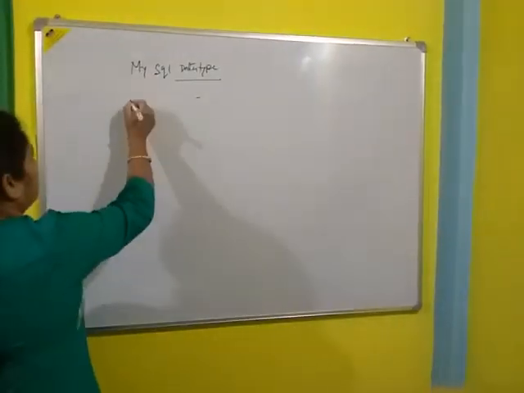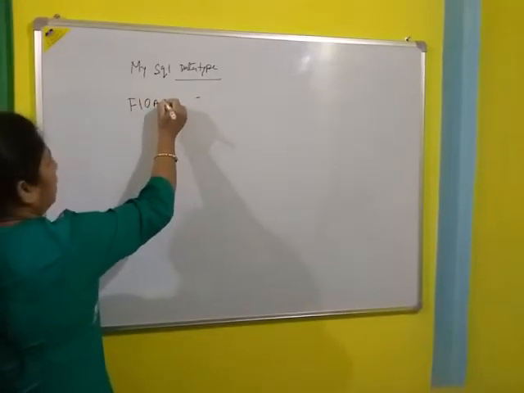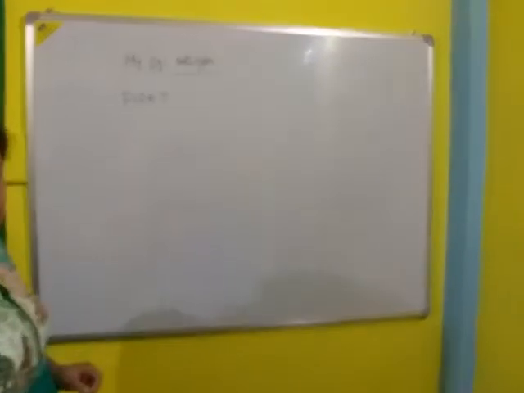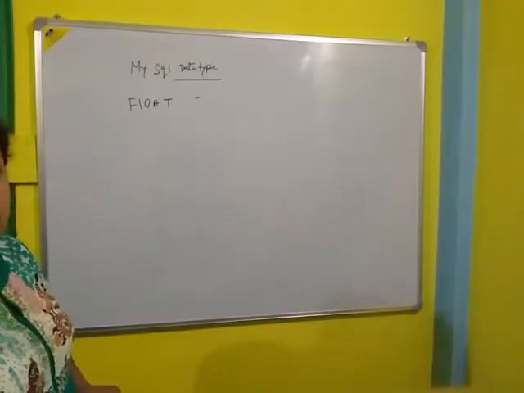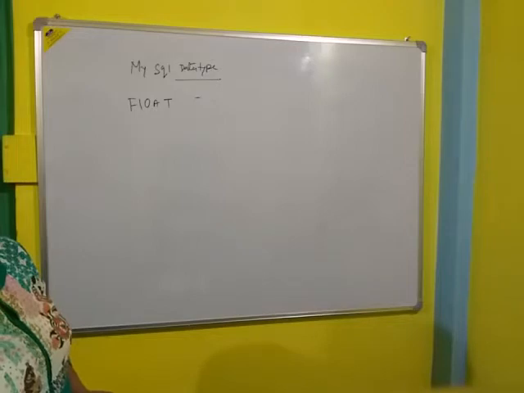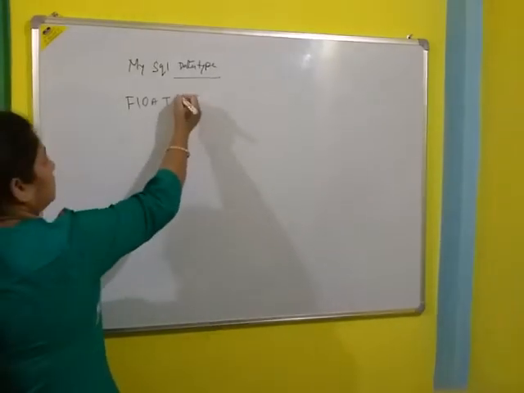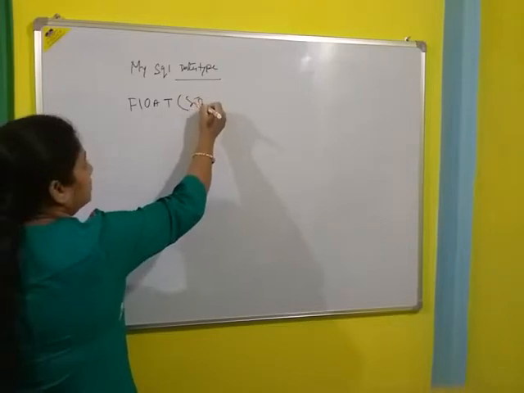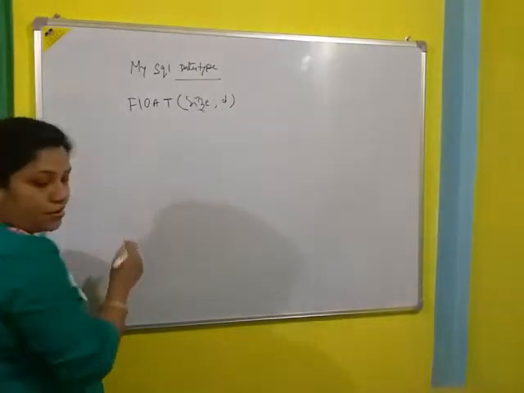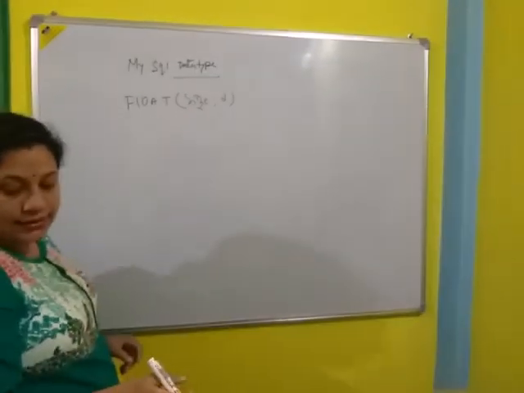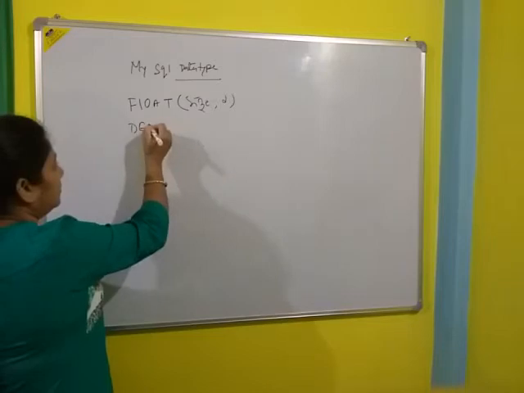float. This float data type is used to enter decimal numbers. It is written as float(size, D), or you can use another data type, that is decimal.